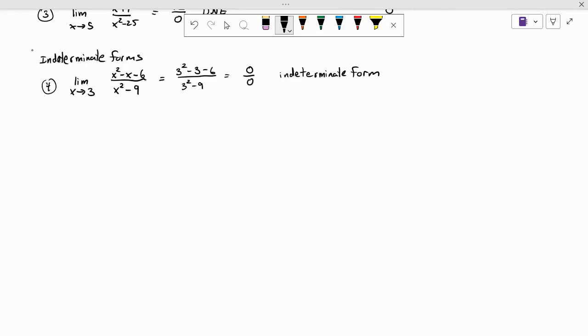So when we look at limits at infinity, I might as well mention it now, we will get another indeterminate form, which is infinity divided by infinity. This also doesn't make sense in that way. All that's saying is that you have some function where the numerator gets large and the denominator gets large, but we don't know which one gets large faster.